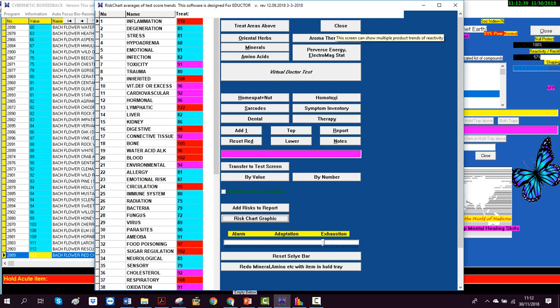And we have some other place, but this is a basic one that could help us to have an indication. And also here we can look at the Selye bar, that we all know that Selye is the one who worked on stress. And what we would like is that this marker be at the alarm phase, and it is close to exhaustion.